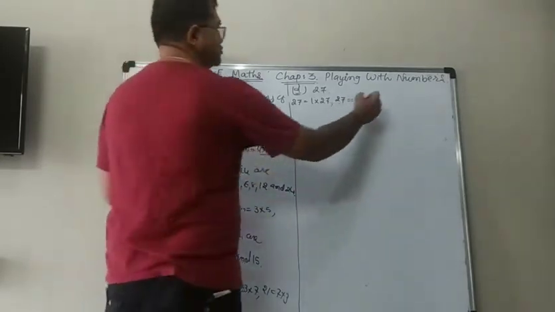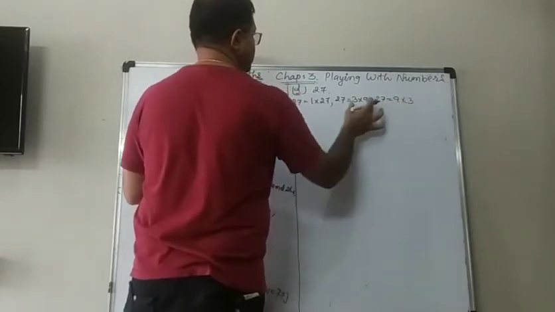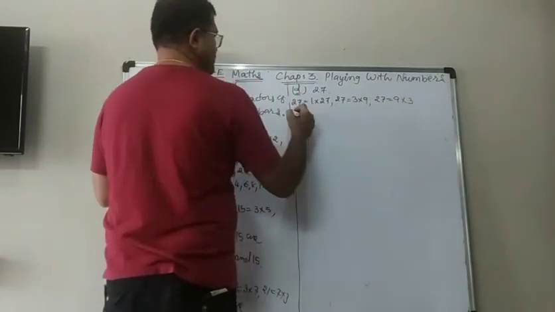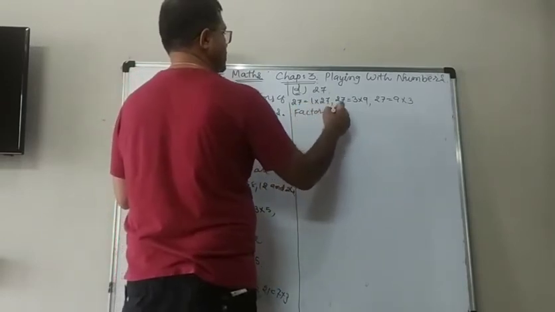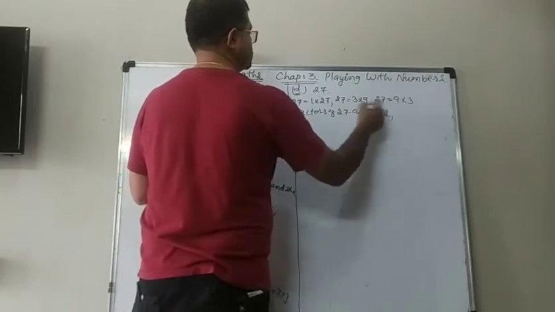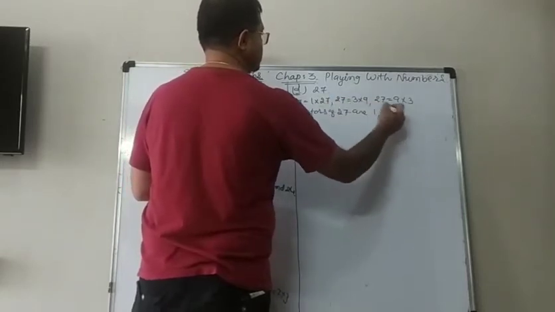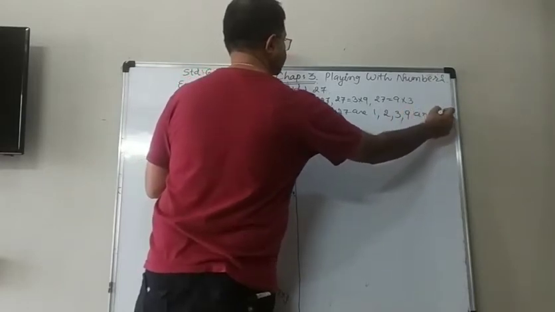So 9. So 27 is equal to 9 multiplied by 3. So you can see that it is the same factors. So we have to stop here. So factors of 27 are 1, 3, 9 and 27 itself.